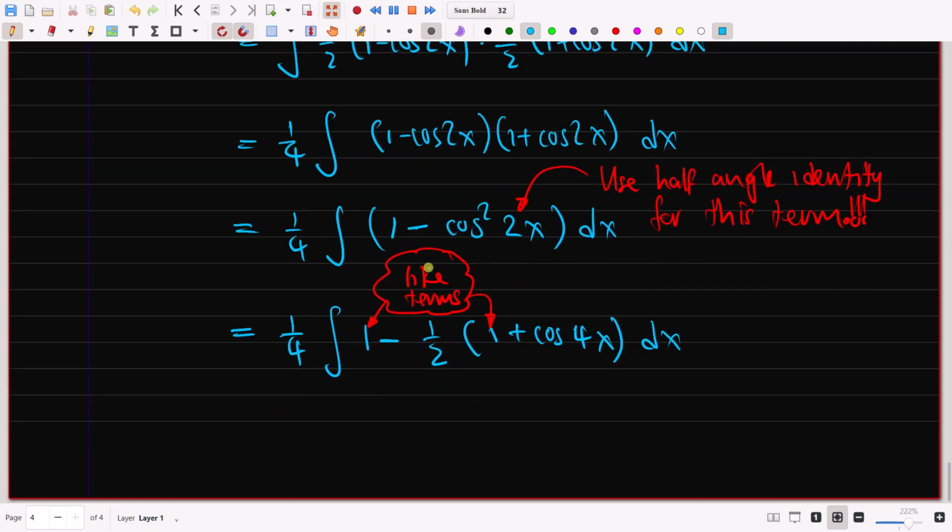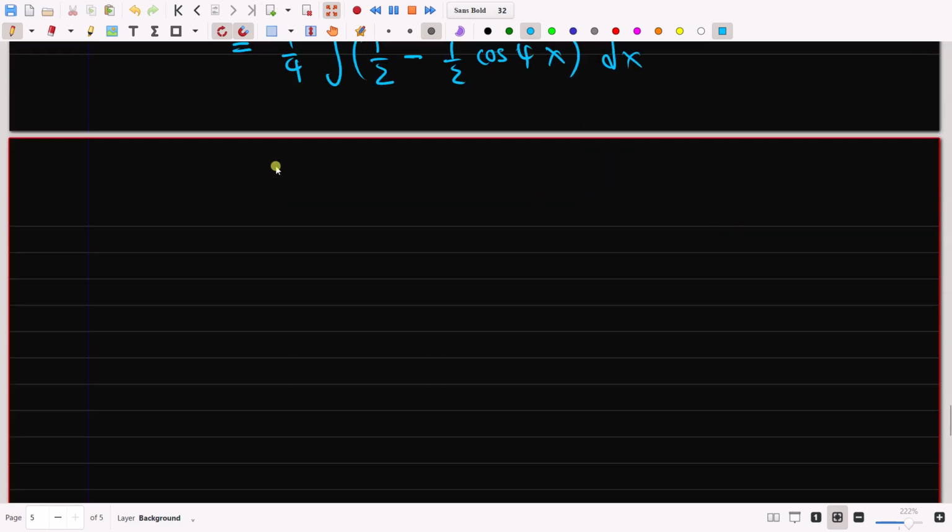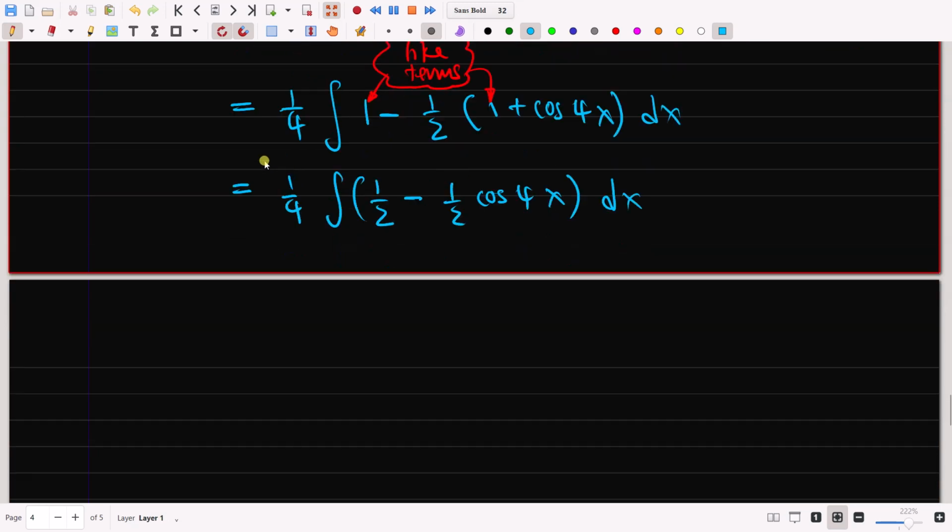So what do we get now? So now what we want is to integrate that. So 1/4 is going to wait outside as we integrate. So integrate half, you just get half x. Then here, first you differentiate here, you get 4, which comes out as a quarter. So it's going to be minus 1/8.